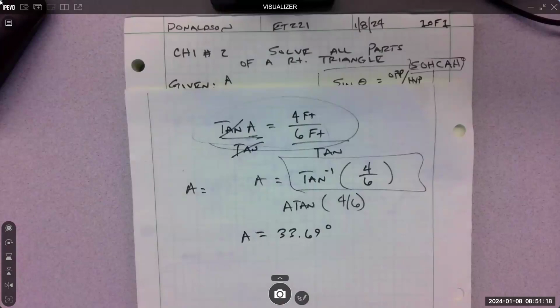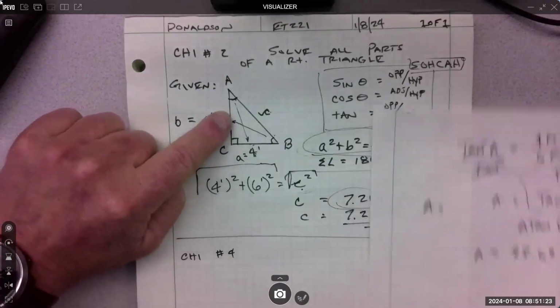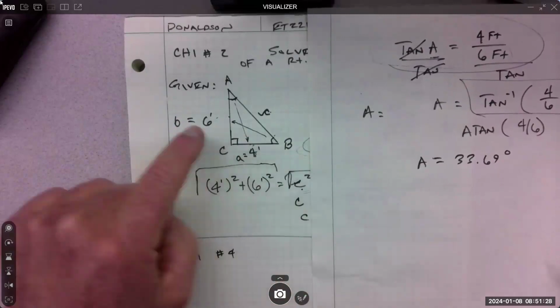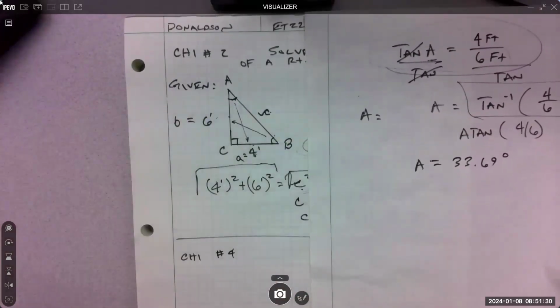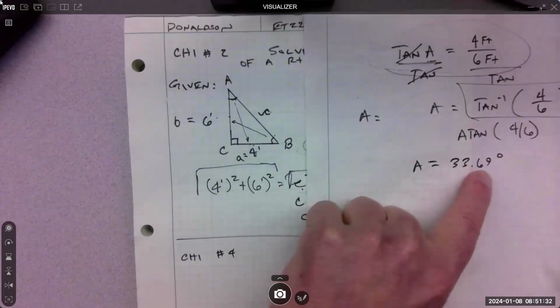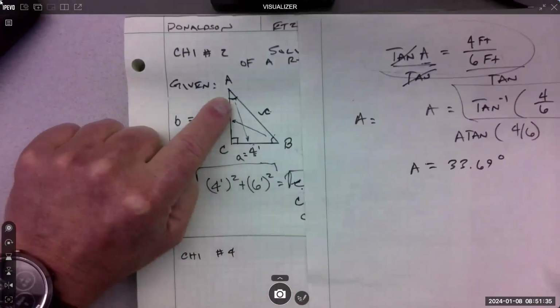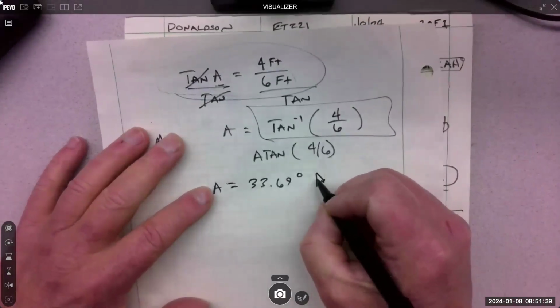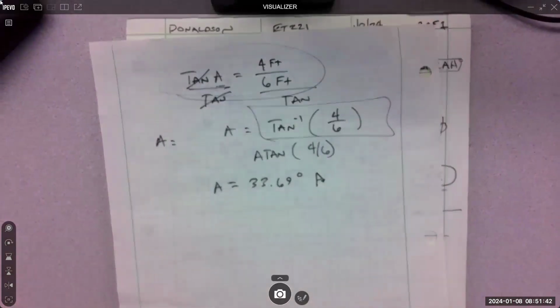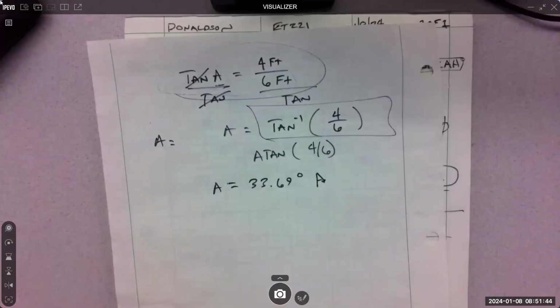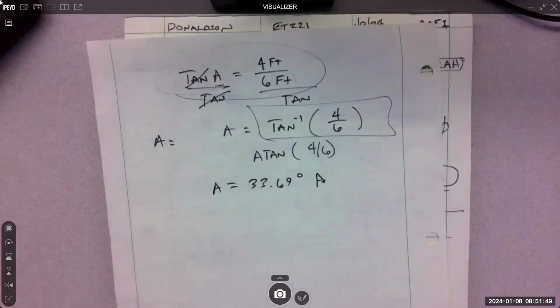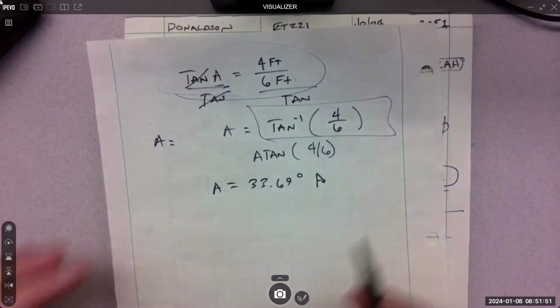All right, so let's talk about angles a little bit, because there's a few different ways of noting 33.69. Now, remember, we have this graphic along with the work, so this is probably good enough. I can put that together in my head: angle A is 33.69, and angle A is right here. There's other ways to do that. Sometimes we'll see this notation, positioning that angle. And when we get to vectors, this is super important. I need to know what position your 33.69 is in, because it could be here.